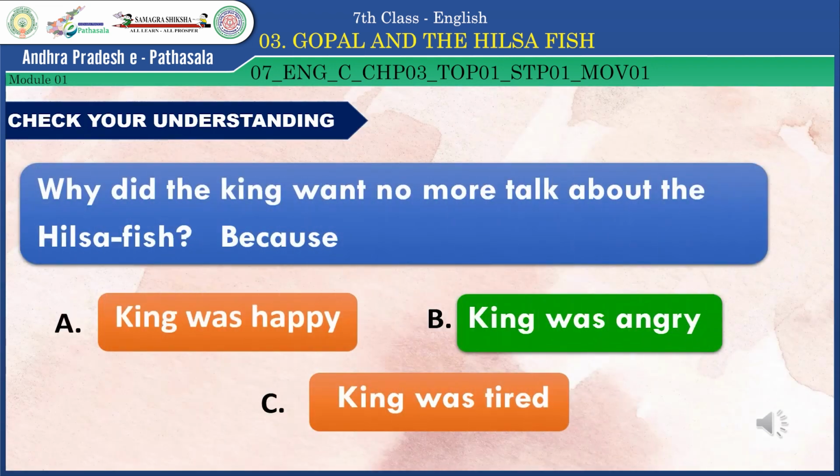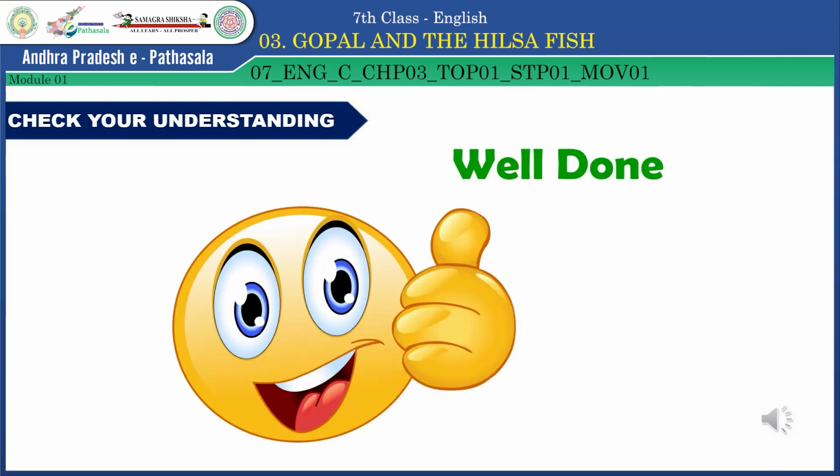Why did the king want no more talk about the Hills of Fish? Because option A, king was happy. Option B, king was angry. Option C, king was tired. Well done. Good job.